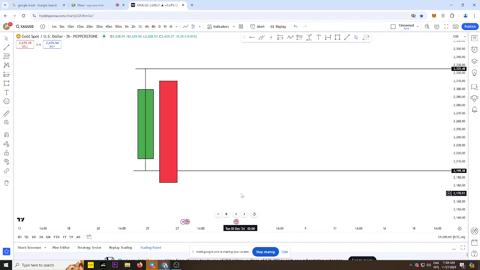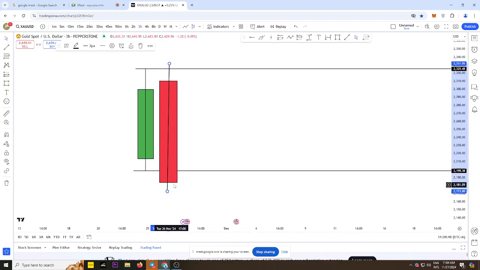With the body, not with the wick. If a wick breakout happens, then we are not going to call it an engulfing. You always need a body breakout.